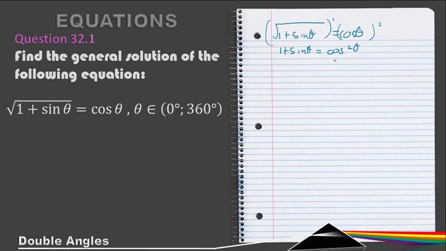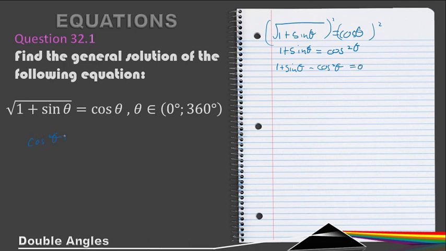Now that we have this, we need to find a way of getting one trig identity. We know that we can change cos squared theta into sine squared theta, but before we do that, let's take it over to the other side. We have 1 plus sine theta minus cos squared theta equals 0.